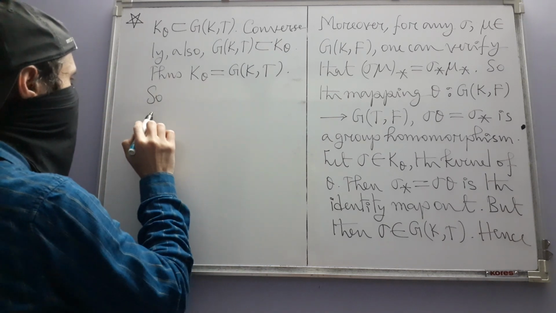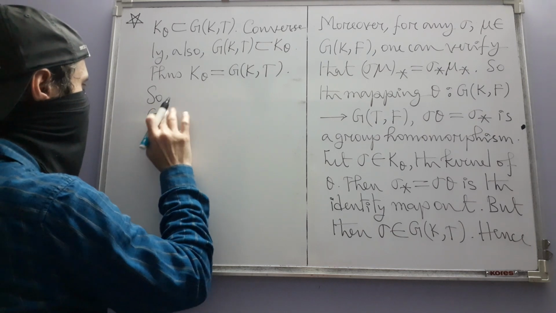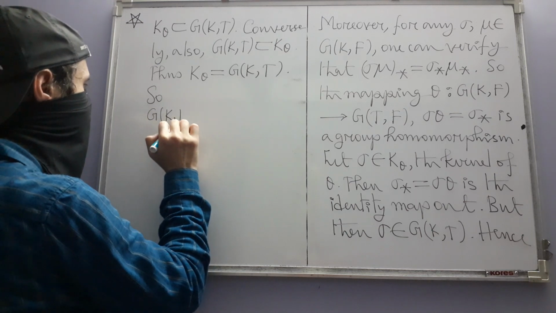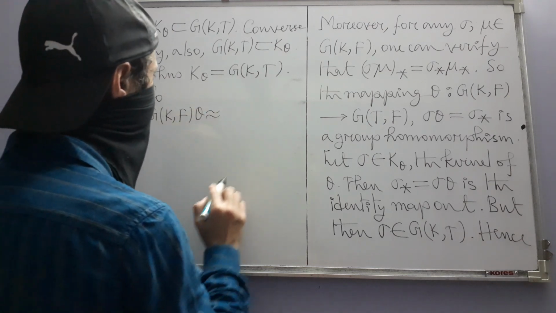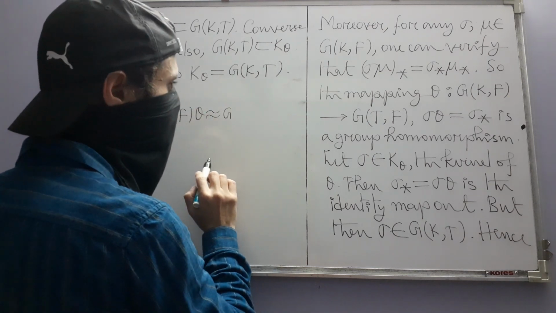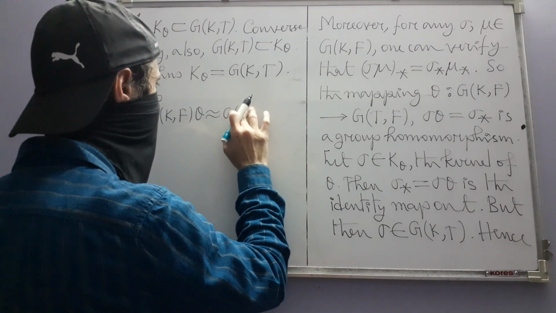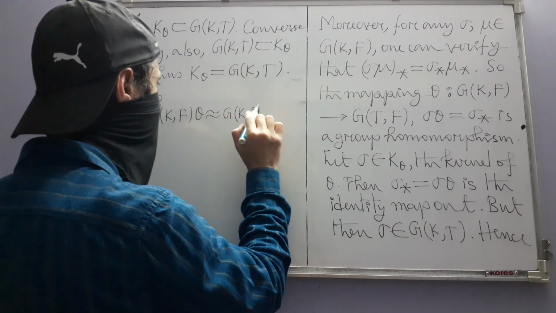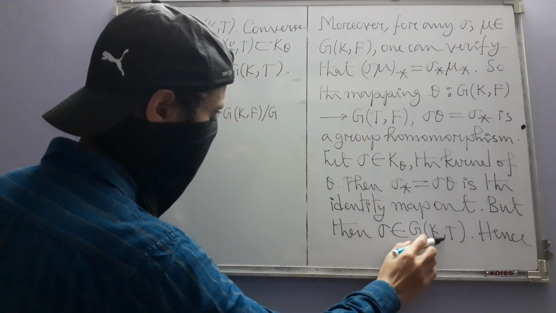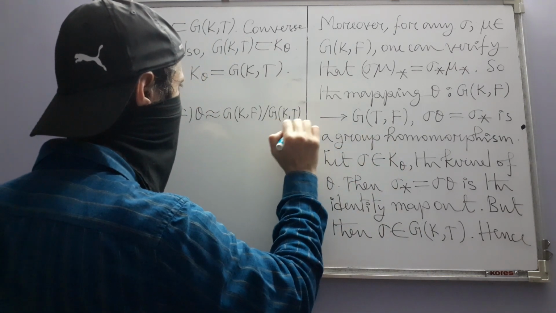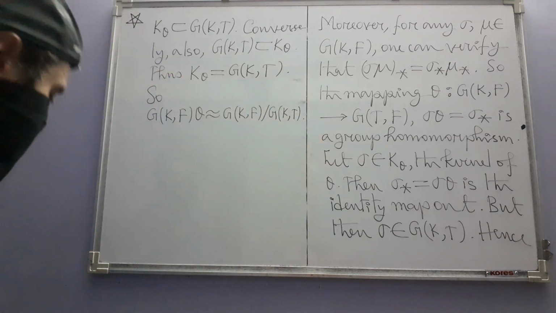So, the image of the Galois group under theta is isomorphic to the quotient group of the Galois group by this group. Okay, this is an application of the first isomorphism theorem.